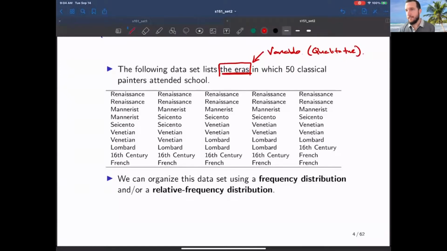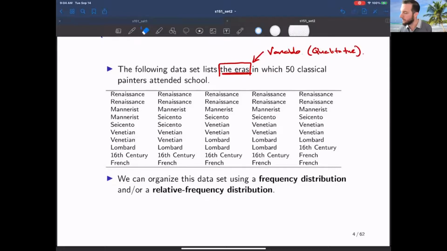Our data set is comprised of 50 observations. So the data has 50 different values, and that's shown in this table on slide 4. In the table, you can see that we have 7 different eras.